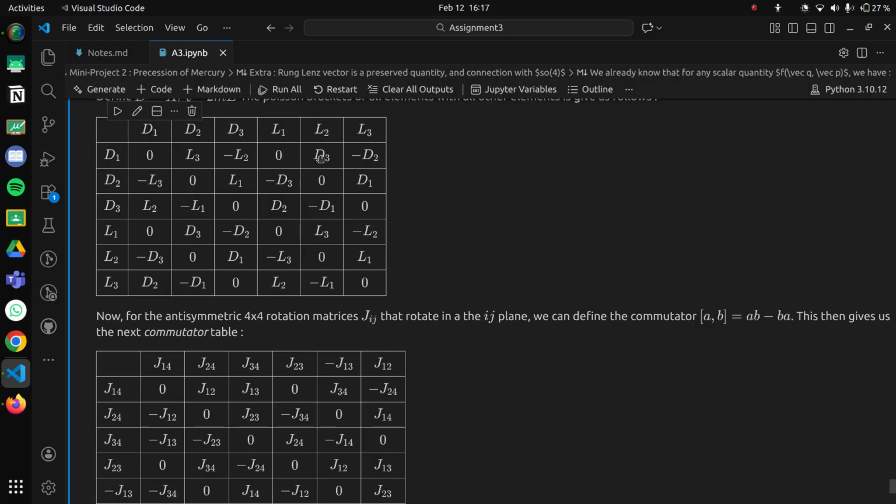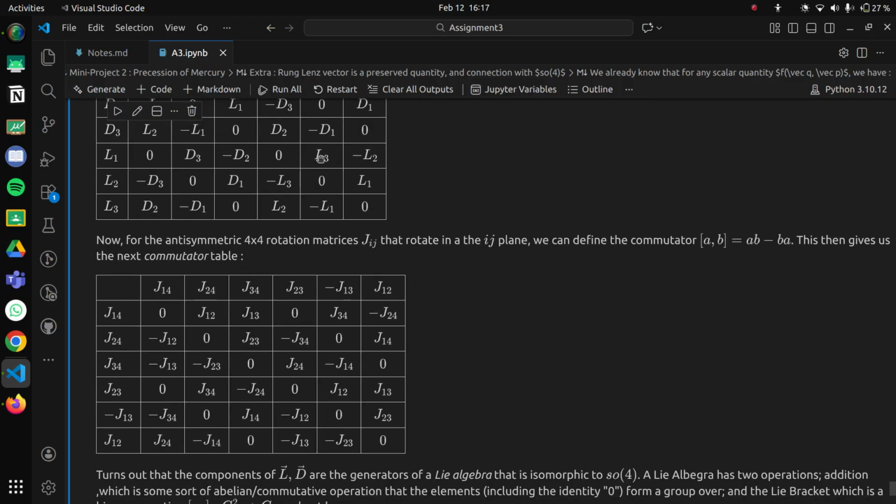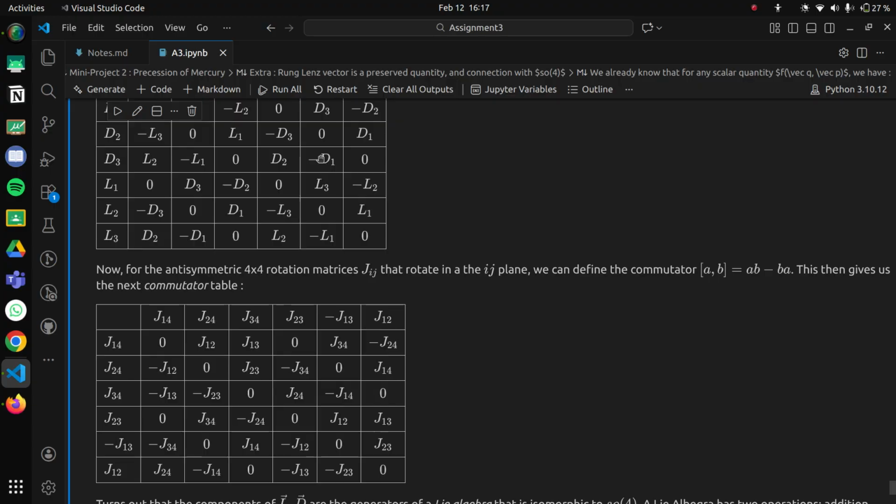So then D1 corresponds to J14, D2 corresponds to J24, and D3 corresponds to J34, whereas L1, L2, L3 correspond to these J23, J13, J12. Right. And now it's exactly the same.